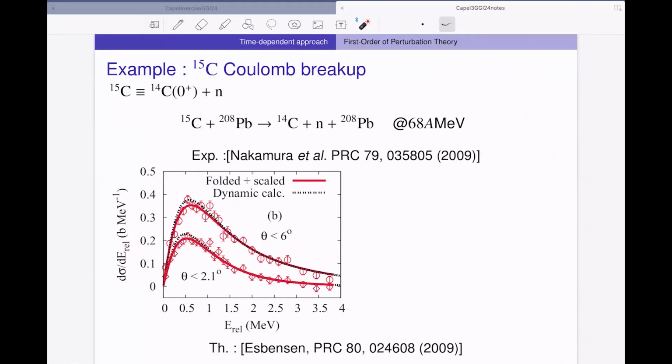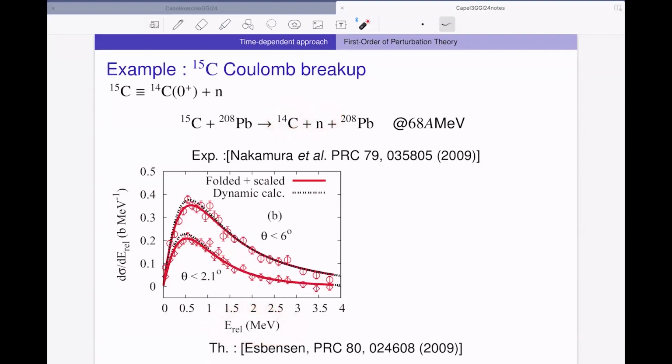And here is an example by Henning Benson. He performed his calculation with his code for the Coulomb breakup of carbon-15 on lead at 70 MeV per nucleon. The data are from RIKEN as usual. So you see here this breakup cross-section as a function of the relative energy between the carbon-14 and the neutron after dissociation.